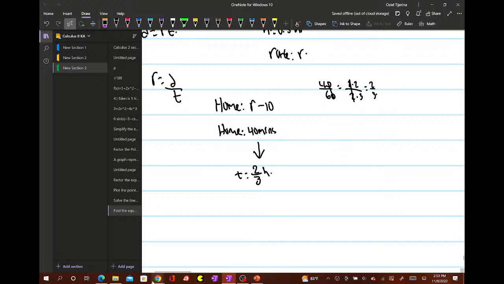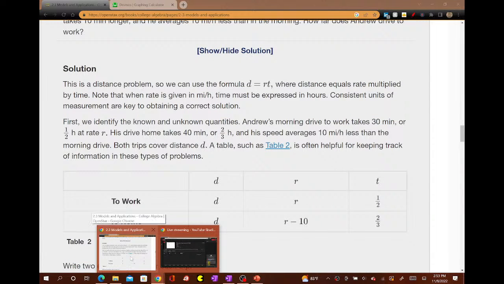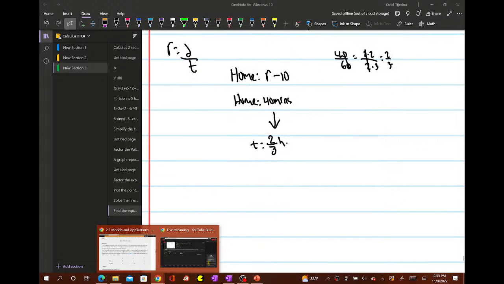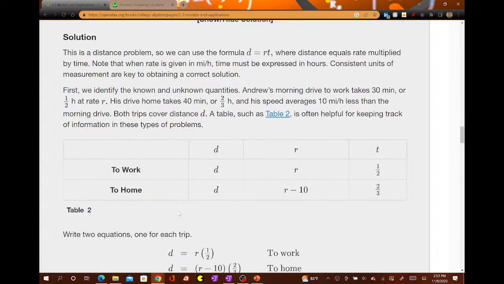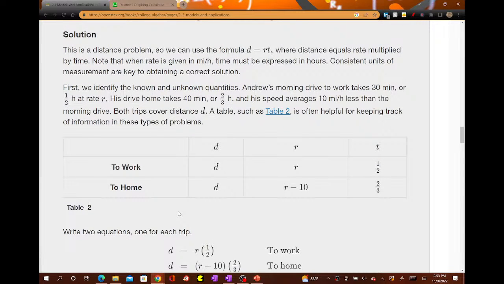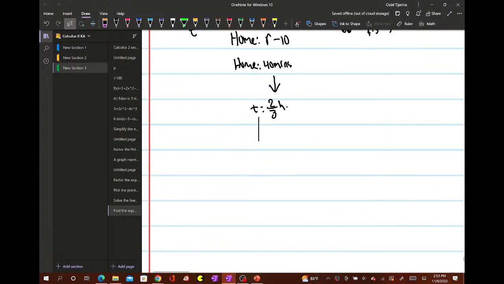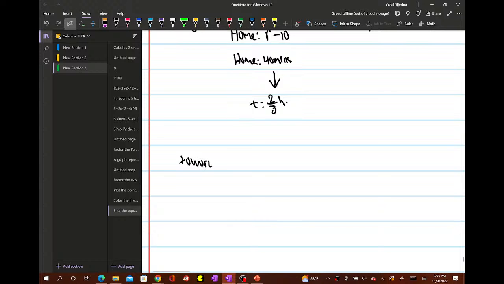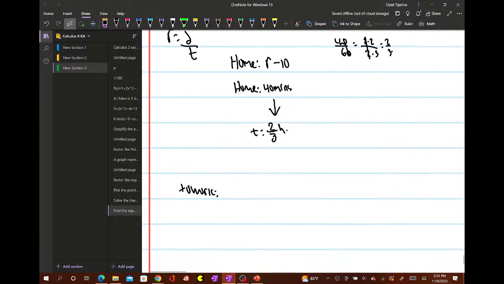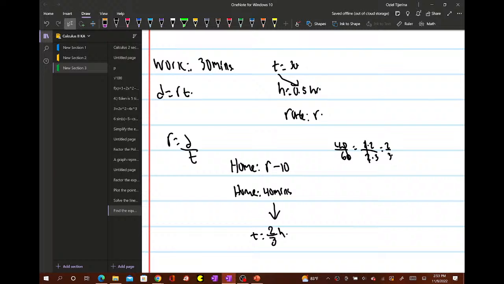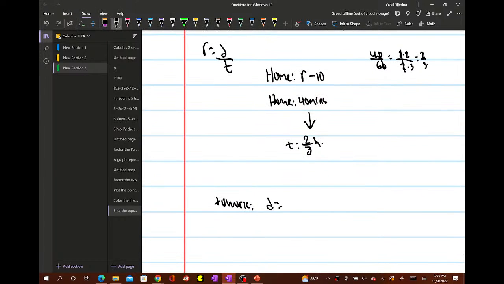So then, putting all of that together, we know that the distance to work is rate times time. So really it's 0.5 r, so d is 0.5 r.